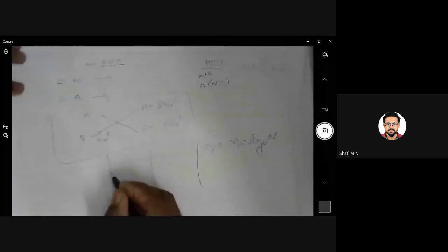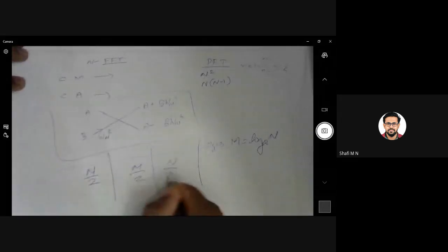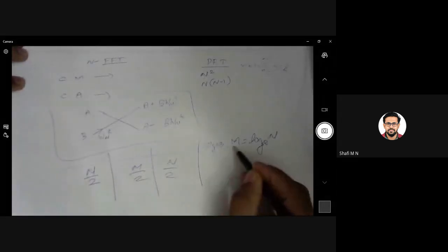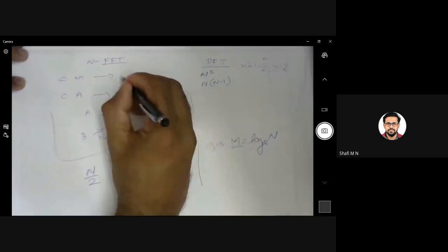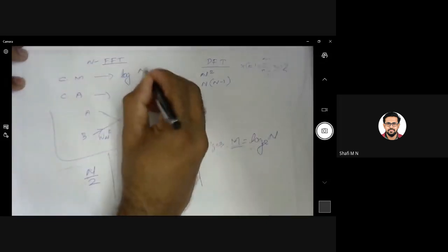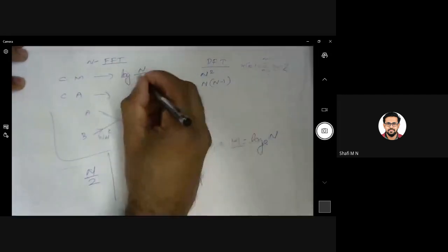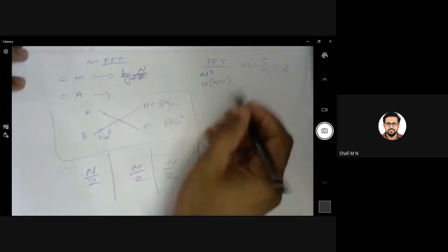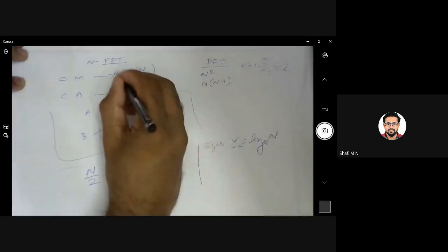How many butterflies are there in one stage? N by 2. That is n by 2. So each stage has n by 2 butterflies. There are total M stages, or log n to the base 2. So the total number of butterflies is, this is the total number of stages, log n to the base 2, then each stage has n by 2 butterflies.